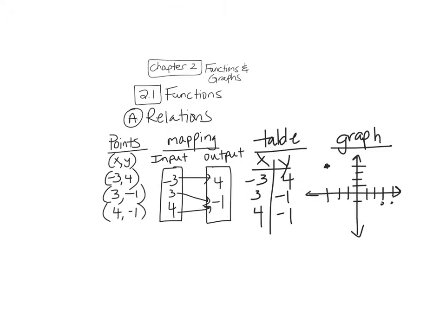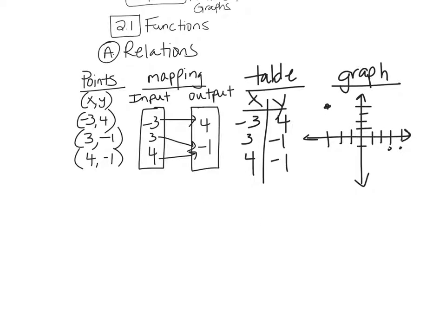Okay, now with these relations, you have certain things. You have a domain, and what goes with domain all the time? Do you remember? Range. I heard it. Someone said it. Who said that? Range. Domain and range. We always talk about domain and range.